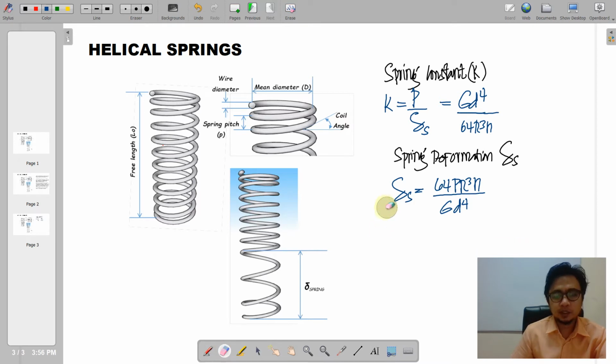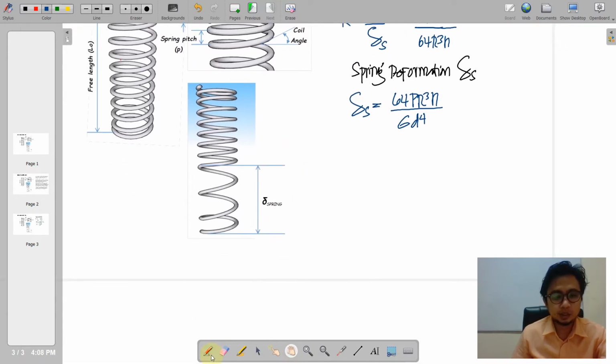Modulus of rigidity, as we have said, is a property that involves shearing deformation, or a twisting deformation. And then the stress on the helical spring is just the combination of two stresses. What are those stresses? We have stress due to direct shear on the spring and the torsional effect on the spring wire.